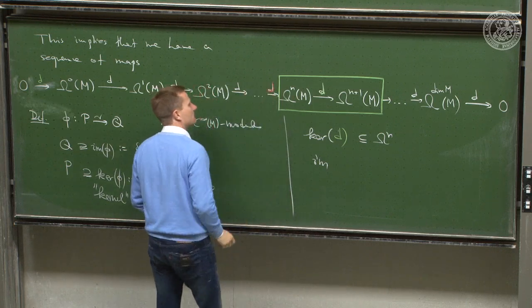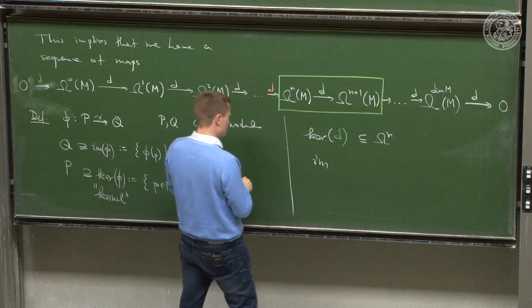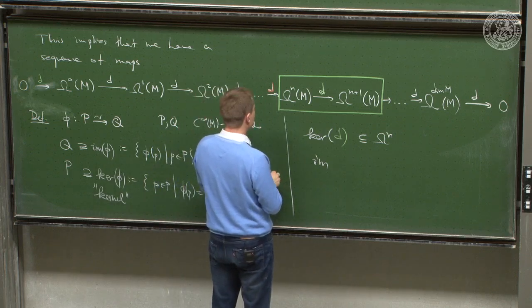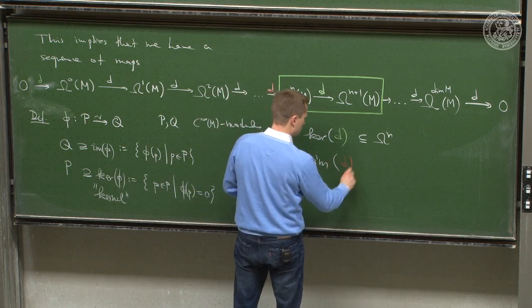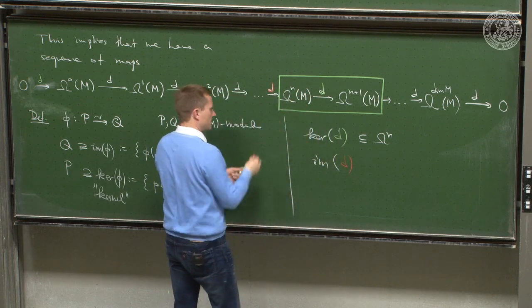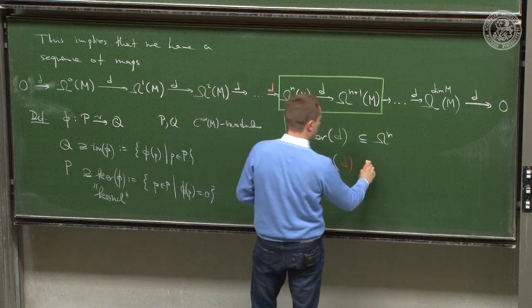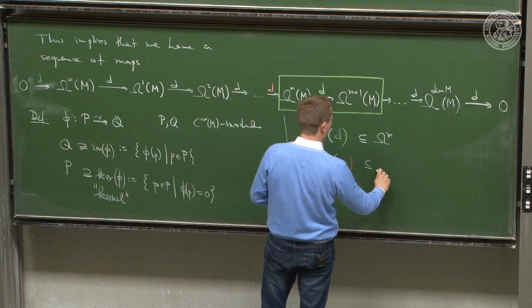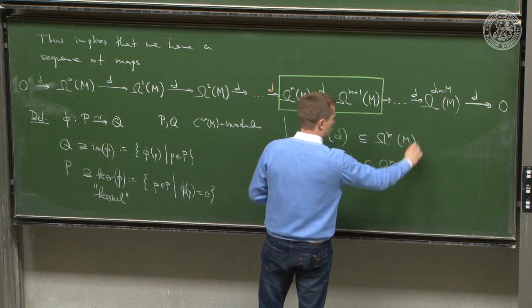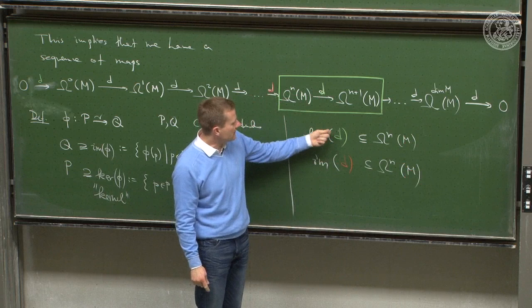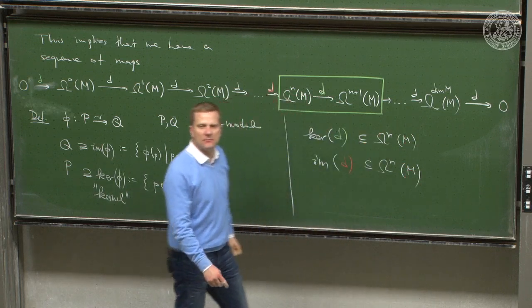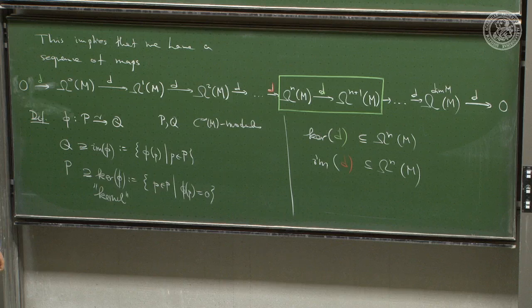So I should have rather looked at this. Okay. So the image of the red D, that's this other map, left and right of this. This is also a subset of omega n, right? So this kernel of the green D and the image of the red D, they lie in the same form space. Is that clear?